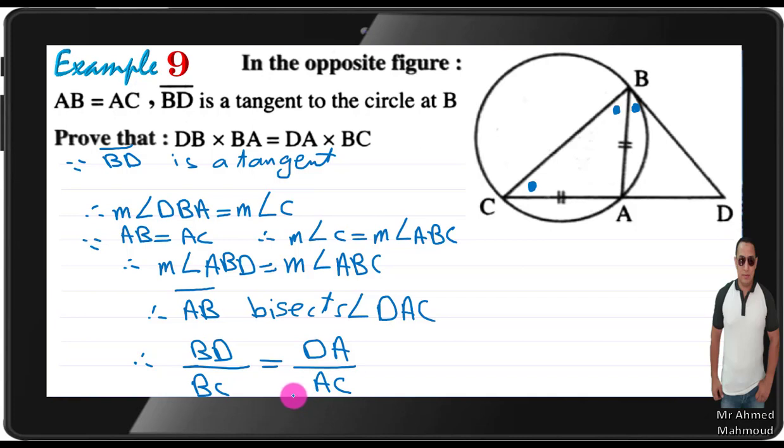Now here we have AC and AB are equal, so I'm going to replace AC with AB.